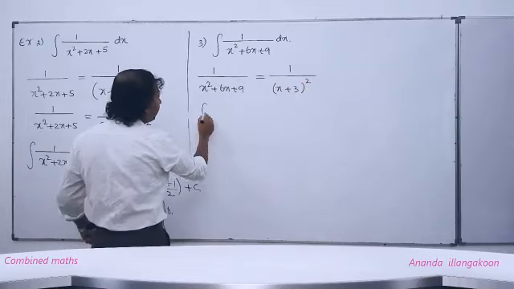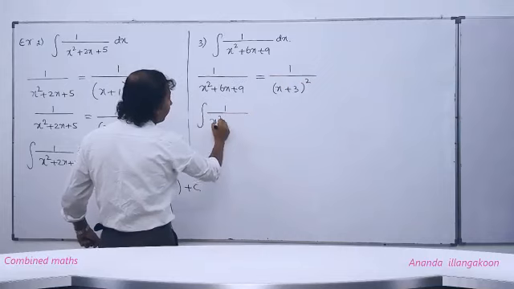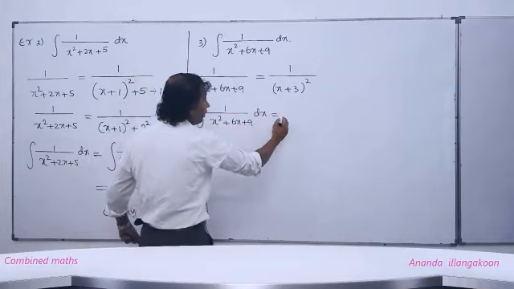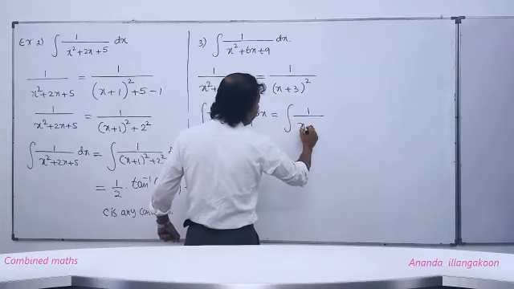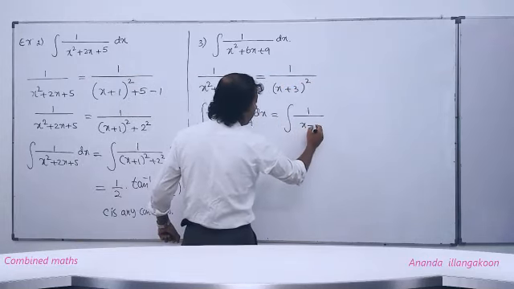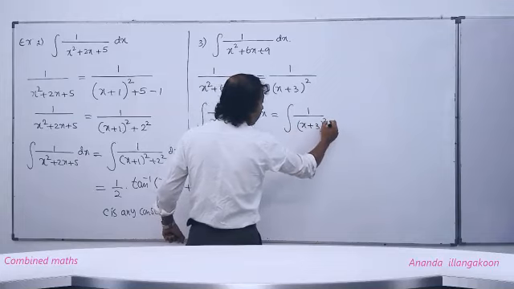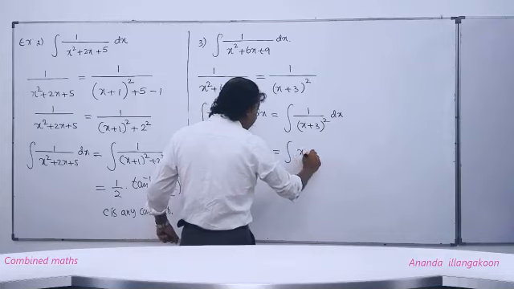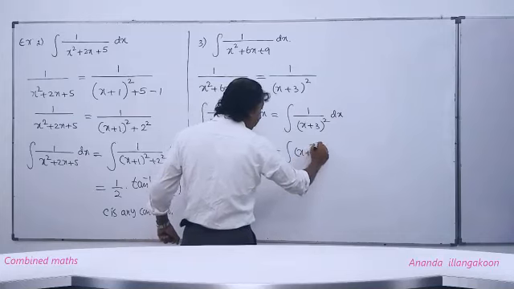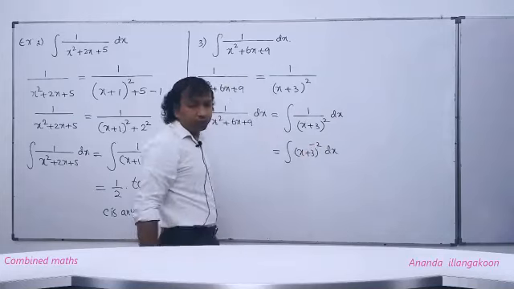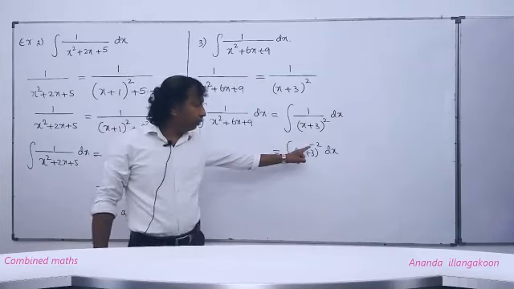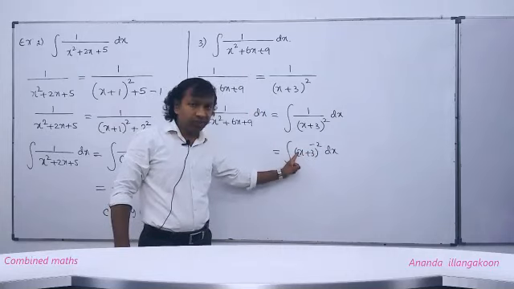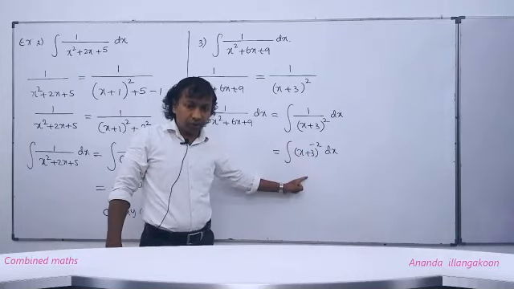Therefore, integration of this we can write this way. Now take this to the numerator. Now people, how to integrate this? Add 1 to this power and divide by the new power. If we have a coefficient for this x, by that coefficient also we have to divide.